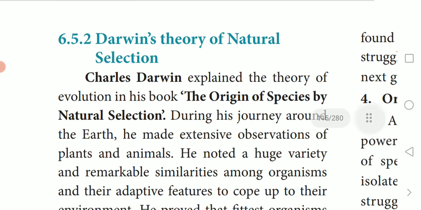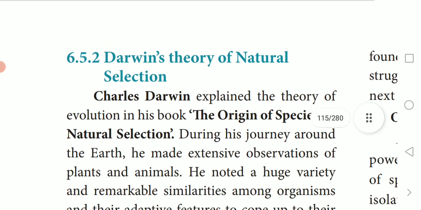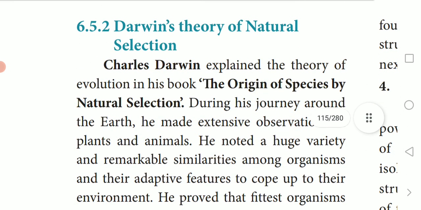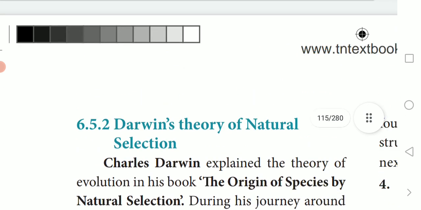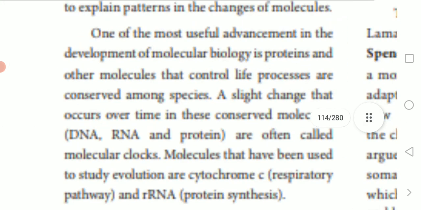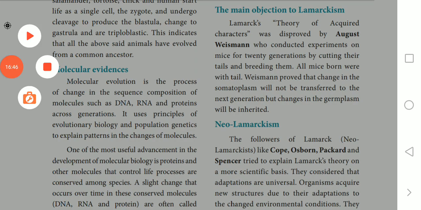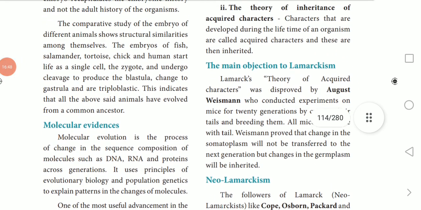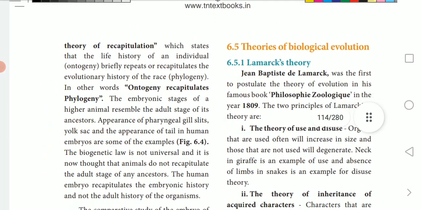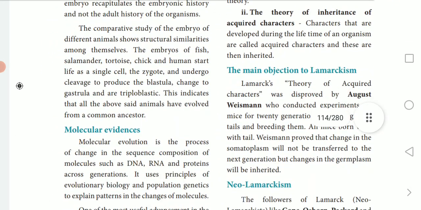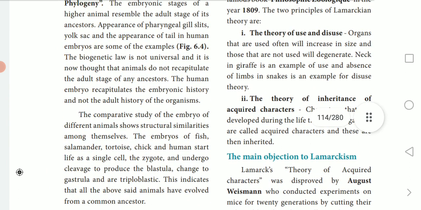The next one is Darwin's theory of natural selection. Charles Darwin explained the theory of evolution in his book, The Origin of Species by Natural Selection. During his journey around the earth, he made extensive observations of plants and animals. He noted a huge variety and remarkable similarities among organisms and their adaptive features to cope with their environment.